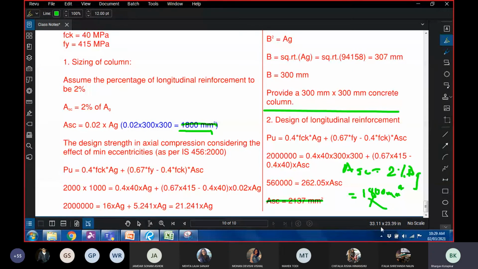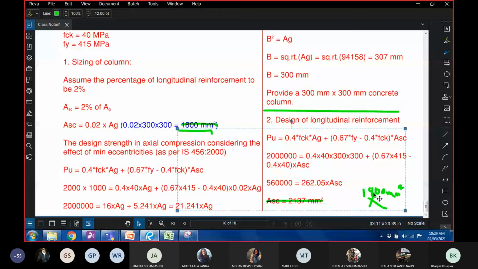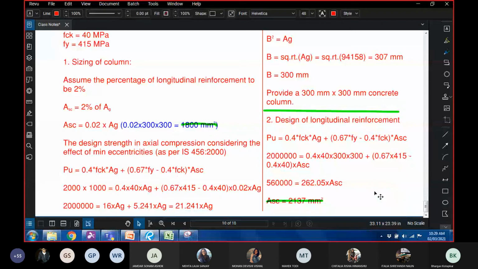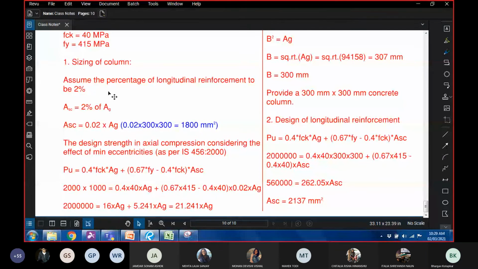This is incorrect. This would be correct if you would provide a 307 by 307 column. So now this is the actual area that is to be provided.